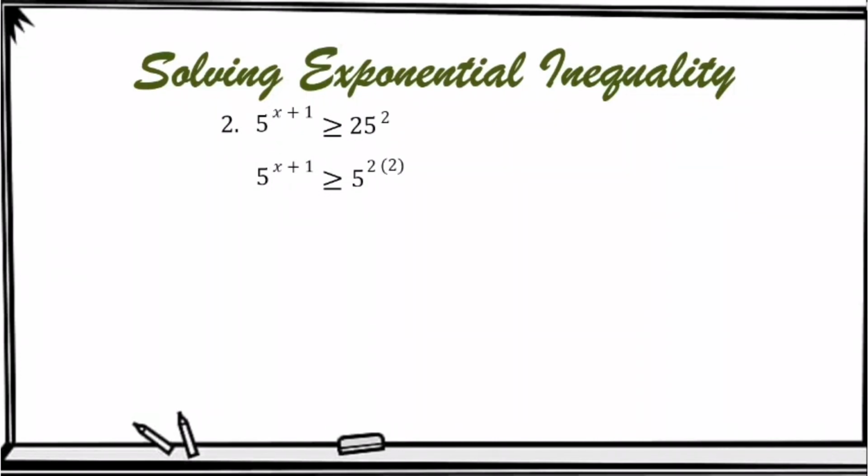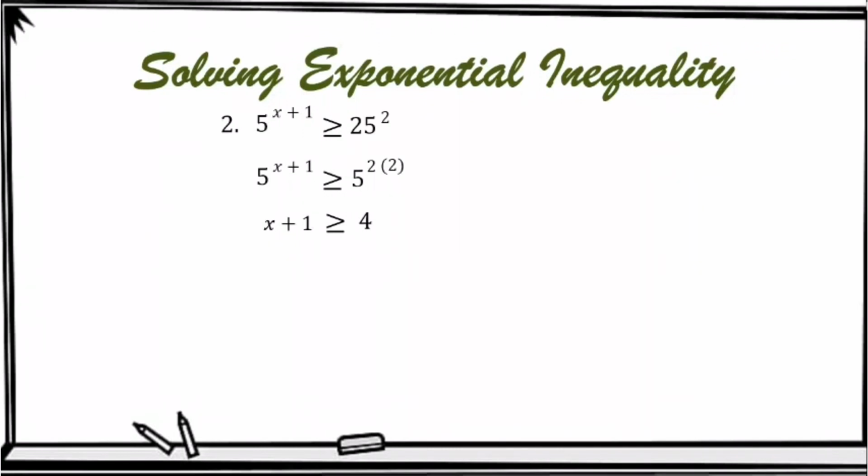Again, apply the property of inequality for exponential inequality. So we have x plus 1 greater than or equal to 4. Then, next step is to find the value of the variable. To find the value, apply the property of addition.